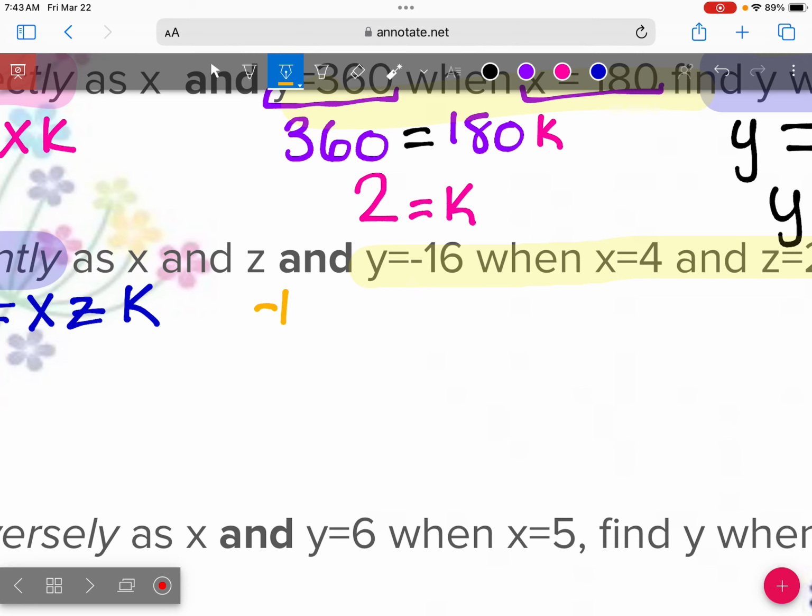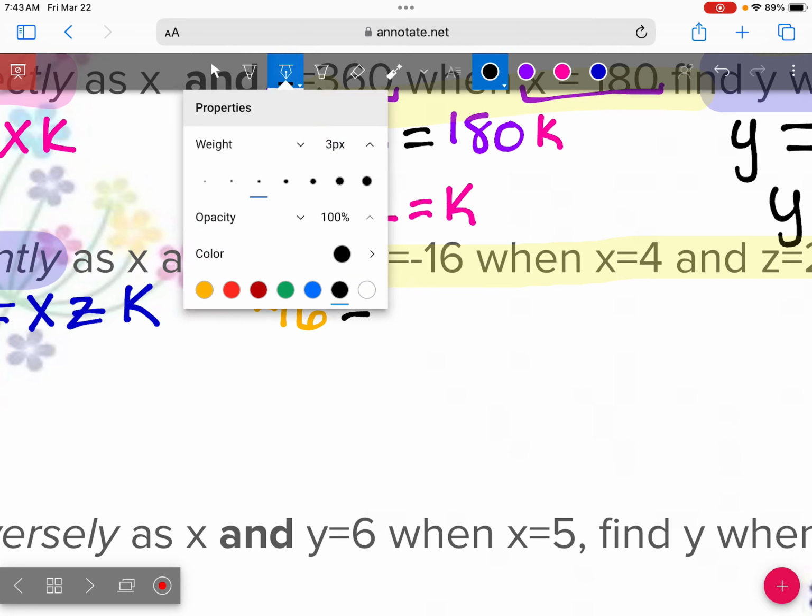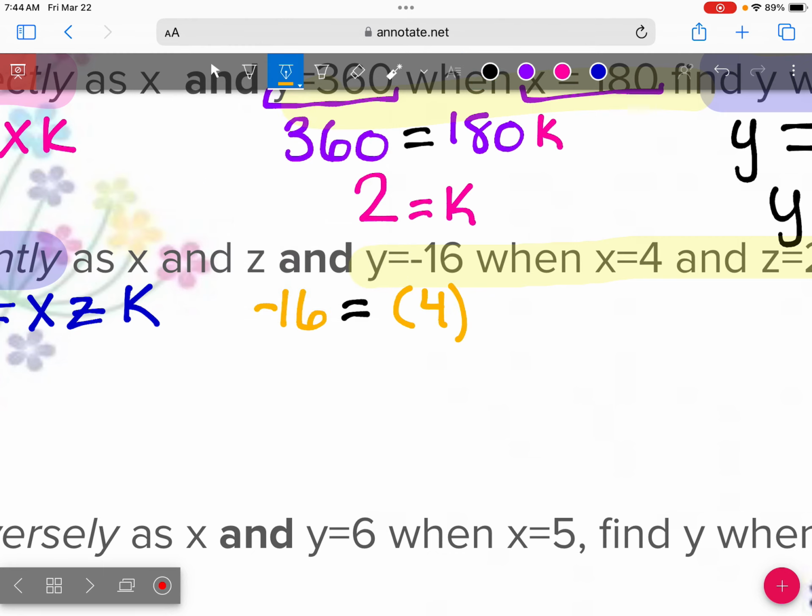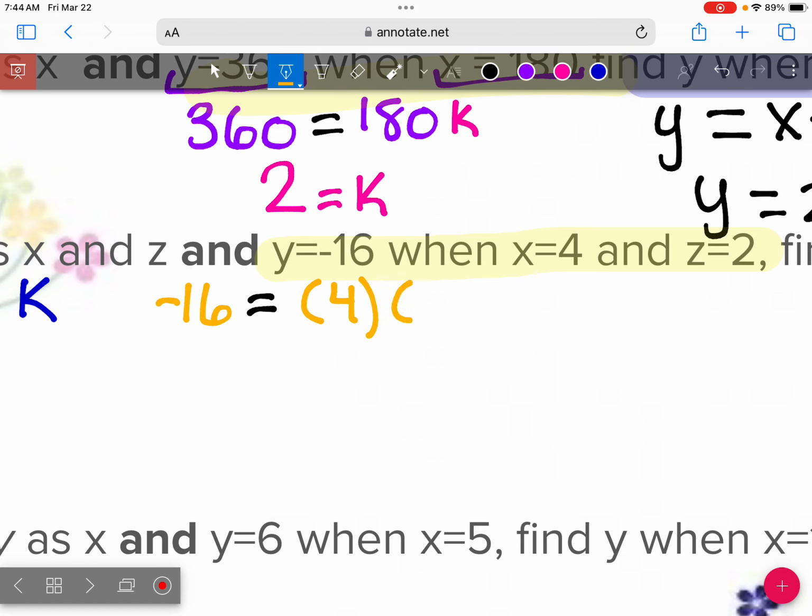Y is negative 16 when x equals 4, z equals 2, and we don't yet know our k. That's what we're trying to find. So we're going to simplify this a little to get negative 16 equals 4 times 2.